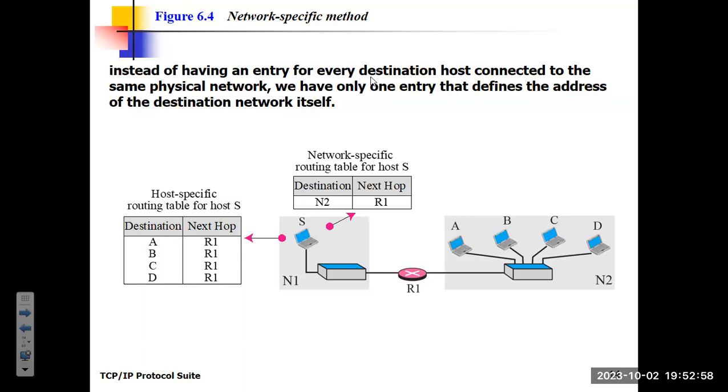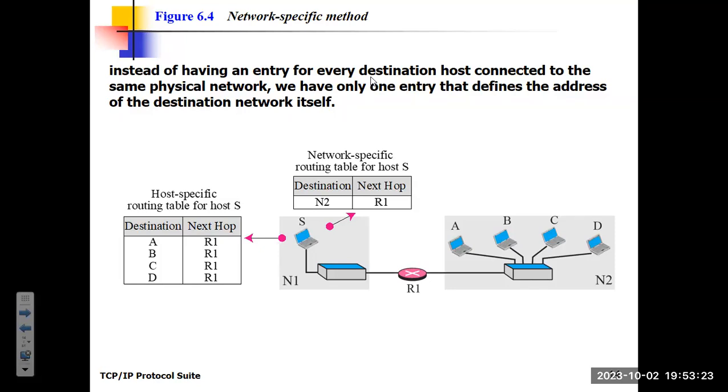What do I have to do? I have to go through R1. So how many entries can you eliminate? Eliminating these 4, if my destination is N2, I will go through R1. So I will have only one entry for all these devices. Right? I don't have to list all of them, A, B, C, D. I can list the network itself, the network address.